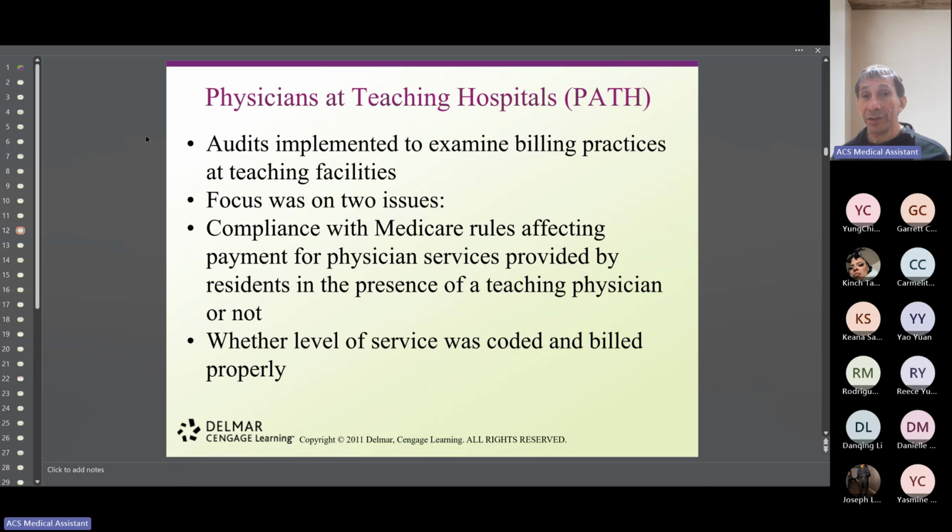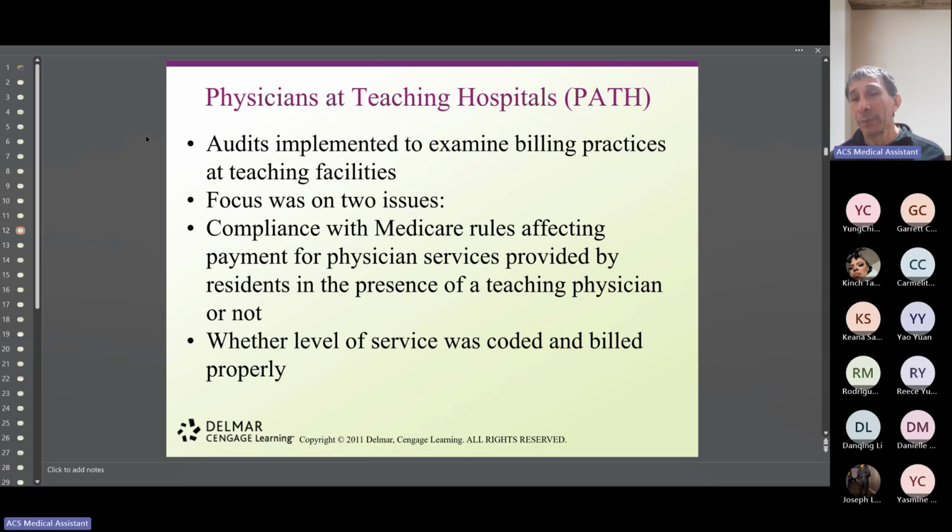Other things that we use the medical records for are for physicians at teaching hospitals. Well, every single hospital is a teaching hospital. Why is it a teaching hospital? Where you have residents in there. Have you gone to a hospital where they don't have residents?